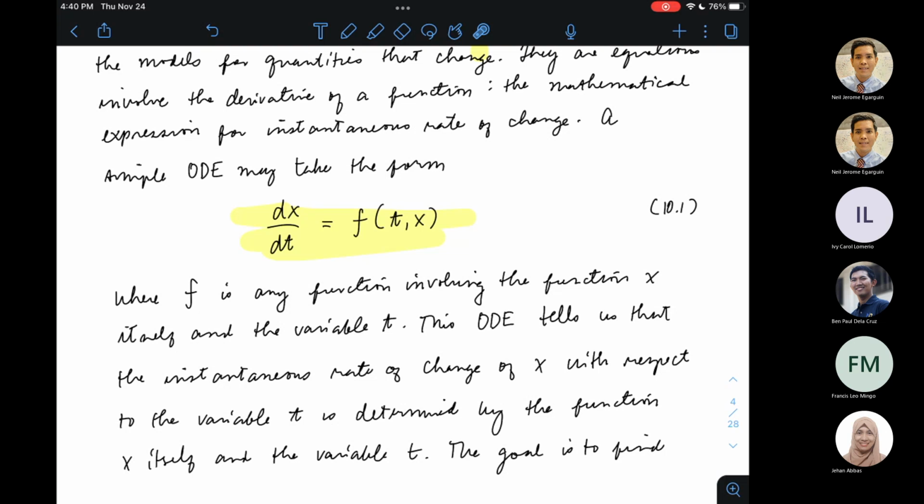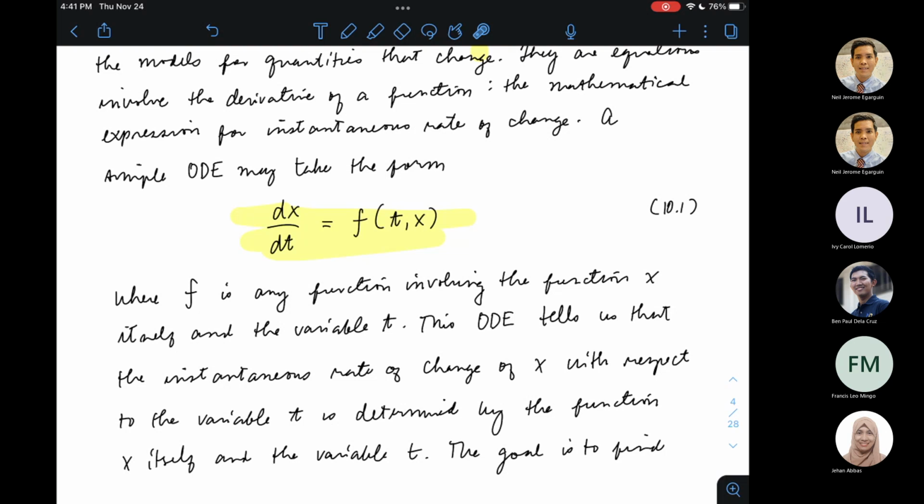Pero here we are just concerned with changes with respect to time. Of course, it's just a play on the variables. If you drop the interpretation that t is time and x is space, everything will still work. Even if x is your time and t is the space, mag-work pa rin siya. Pero yeah, yung makikita nyo i-derive natin mga methods ay nasa forma ng equation 10.1.